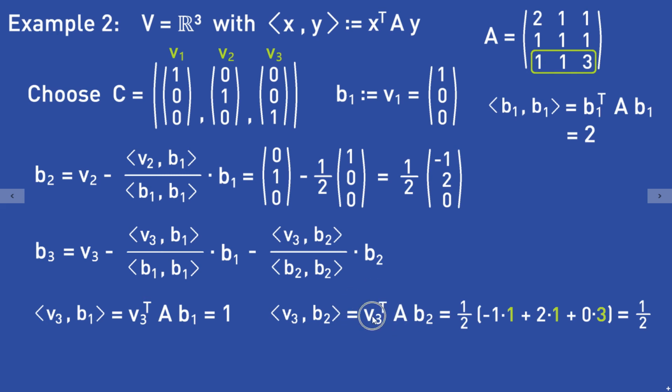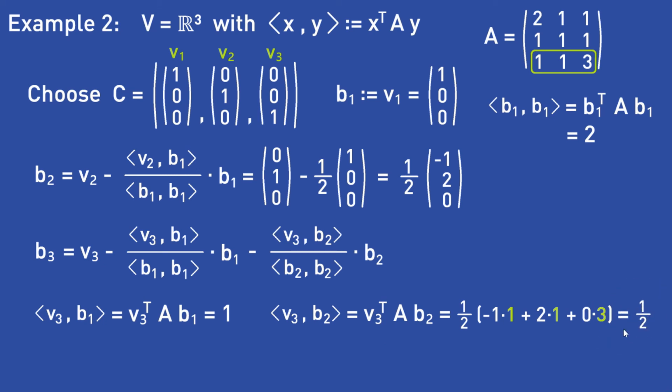Because V3 is the third unit vector, we just have to insert B2 in the last row of A. So we get 1/2 times -1 times 1 plus 2 times 1 plus 0 times 3. So in the end we get that this here is equal to 1/2.